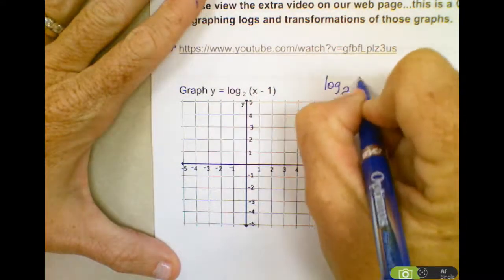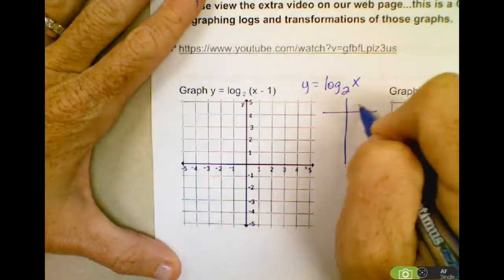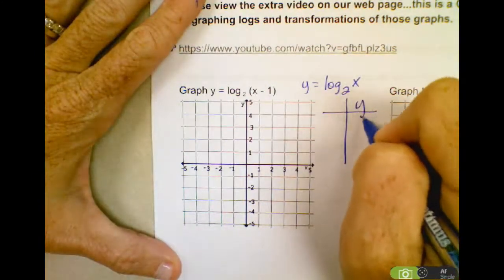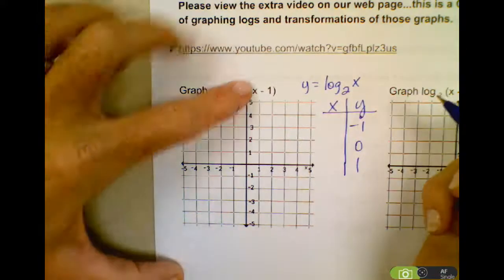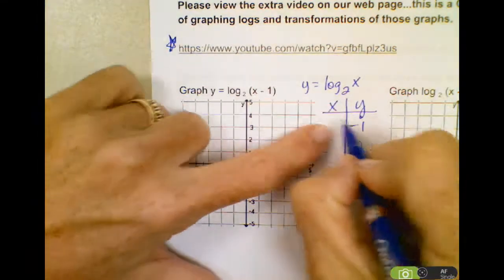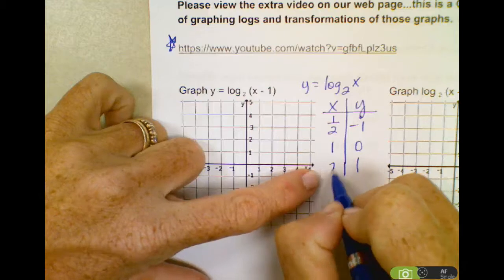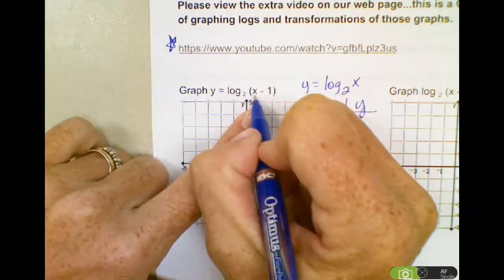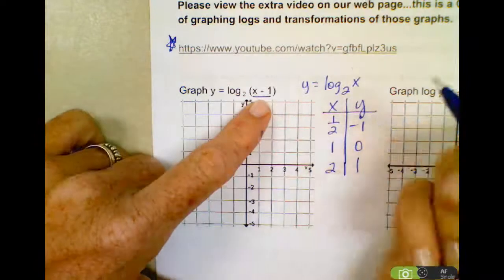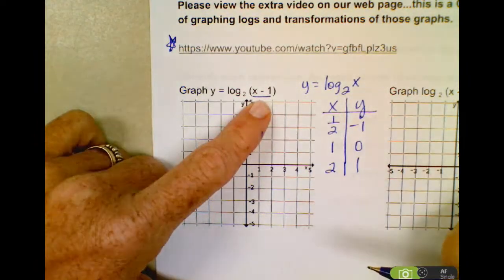So our log 2x, okay, which is what we had from the first page, -1, 0, 1. And we had 2 to the negative first is 1/2, 2 to the 0 is 1, 2 to the first is 2. So what's happening here is when it's within the parentheses, it's going to change each of my x values by 1.